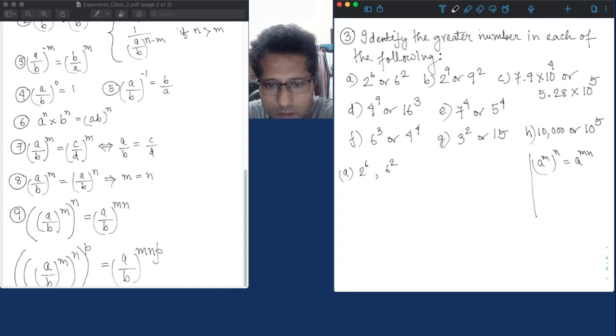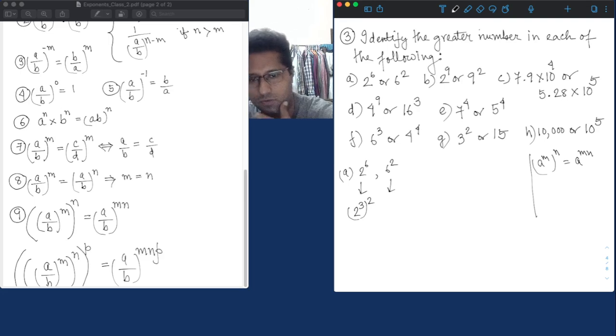I can write it as 2 to the power 3, and then square. So I am trying to express 2 to the power 6 as a number in exponential form with a power 2. And 6 square is 6 square.